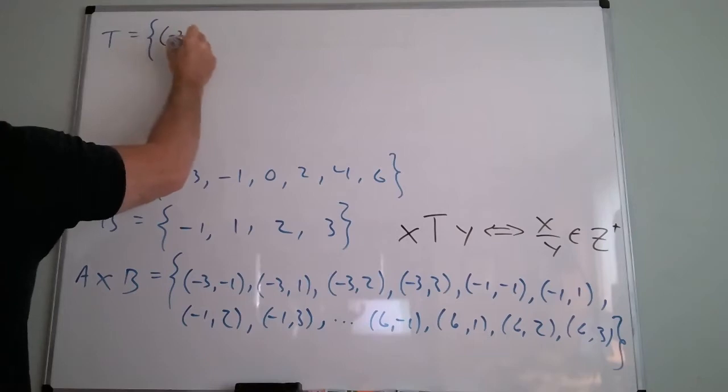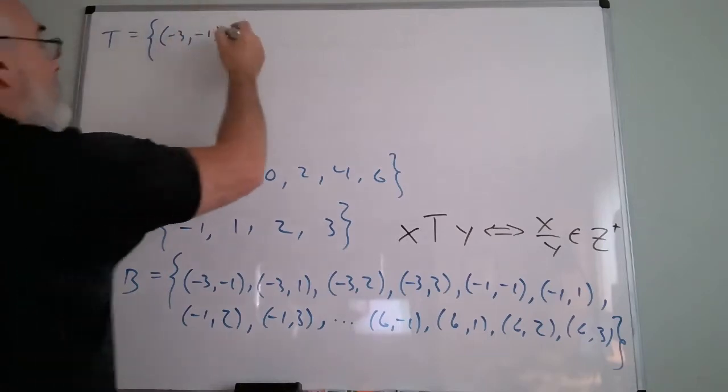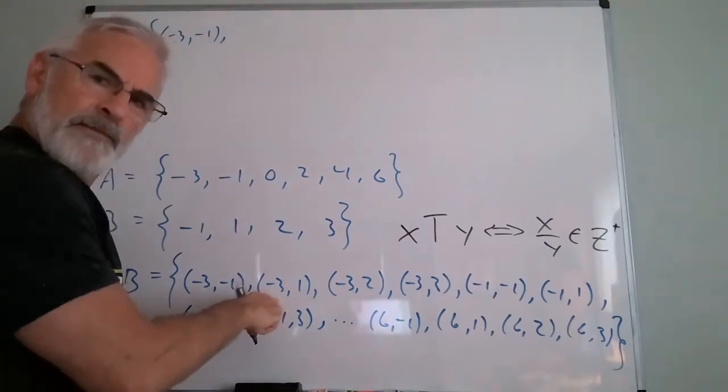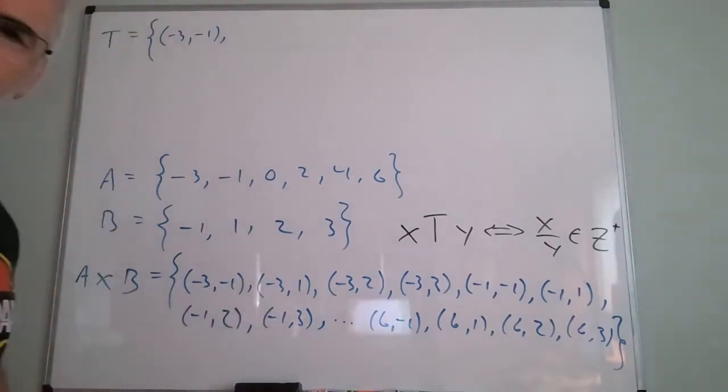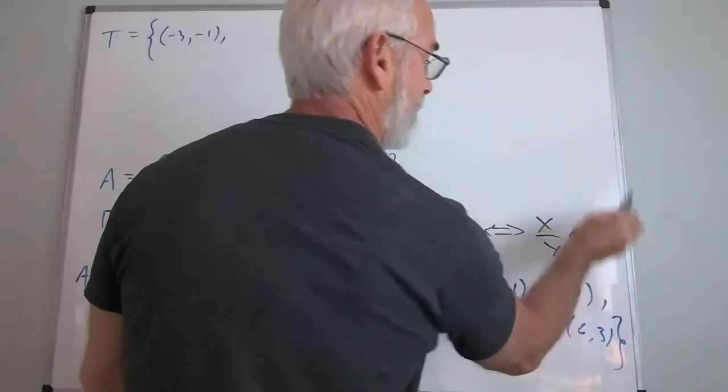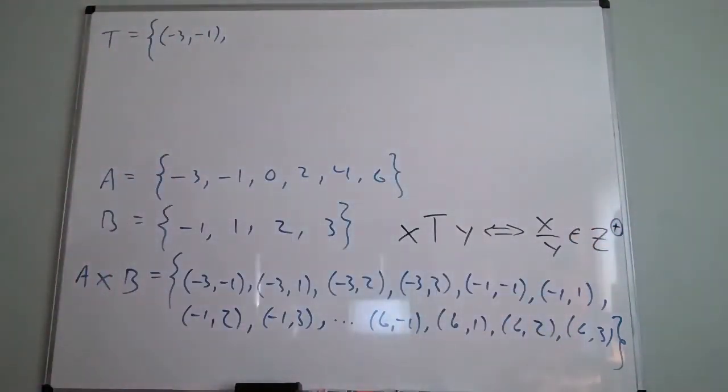Well, -3, -1. How about -3, 1? Will that be in T? Say, no. No, because I said positive integer. Oh, so they got to be the same sign, don't they?